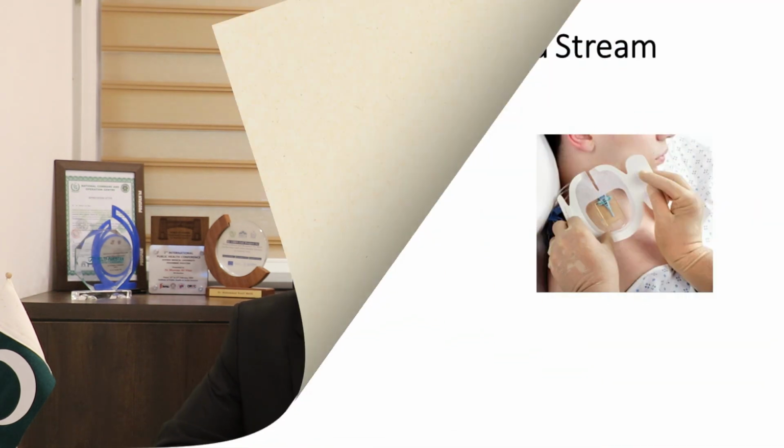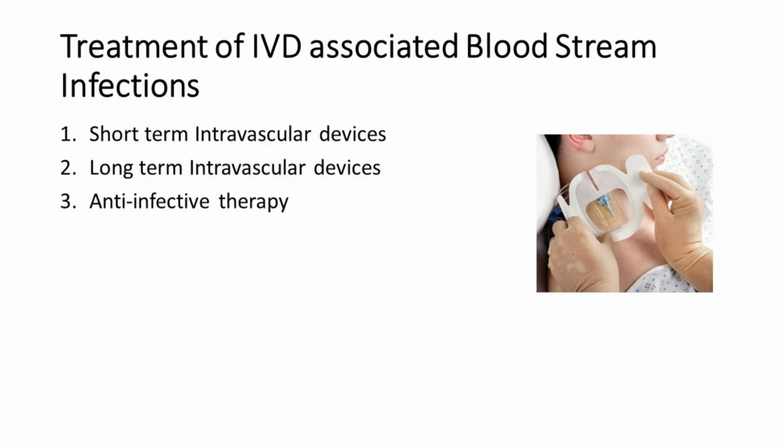IVD. There are different approaches as per the type of IVD to treat it. If a short-term intravascular device is suspected to have infection and the patient has no obvious other source of infection, and the culture has confirmed that the infection is with that short-term intravascular device, then what can be the way to treat it?